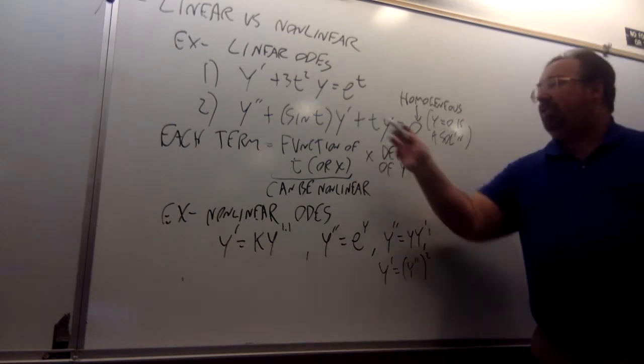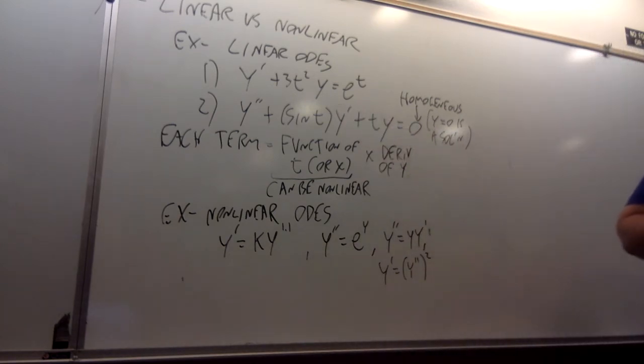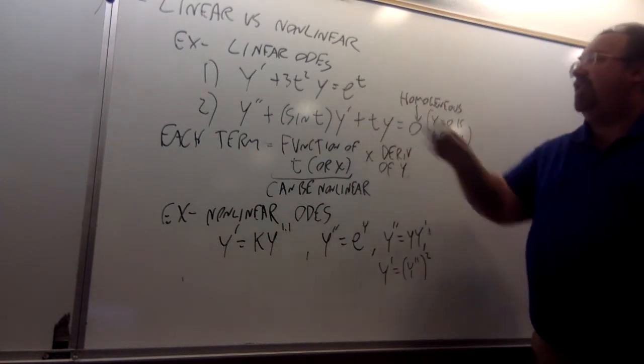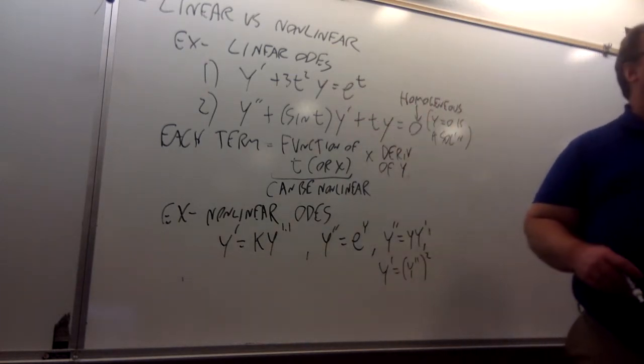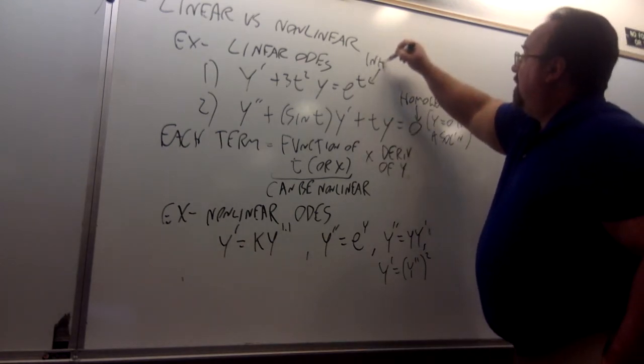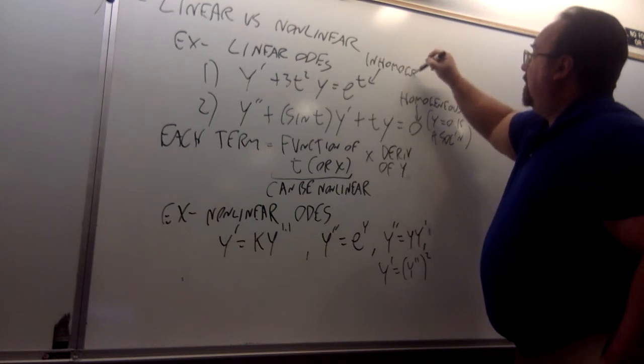If I set y equals 0 in here, this equation will be satisfied. Whereas that's not true here. If I plug in y equals 0, I'm going to get 0 on the left-hand side, but I'm still going to have e to the t, which is never 0. So this equation is inhomogeneous.